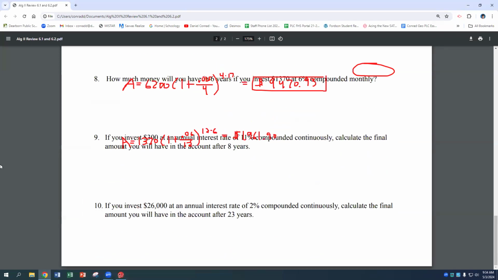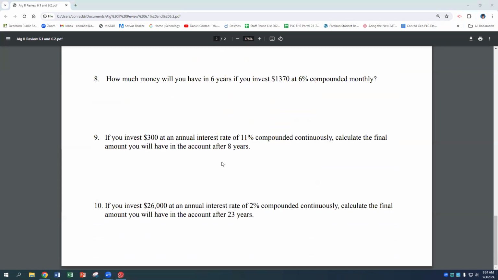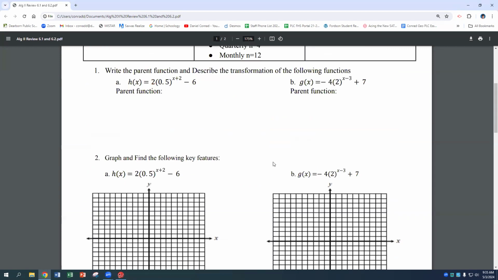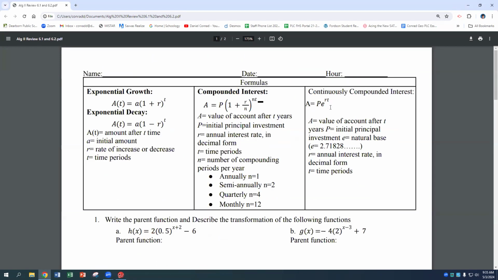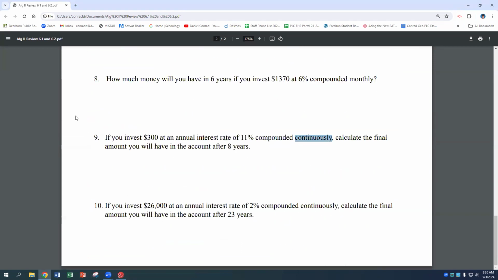Okay, the next one here is compounded continuously. Since it's compounded continuously, we have to use the final equation here, A equals P e to the rt. All right, so we have A equals the initial amount, which is 300, e, and then r is 0.11, and then t is going to be times 8.